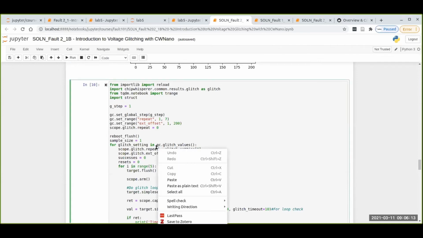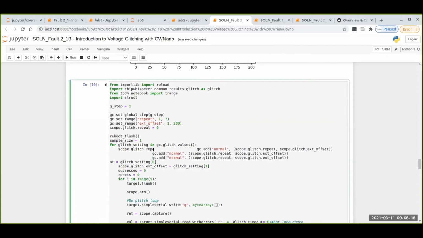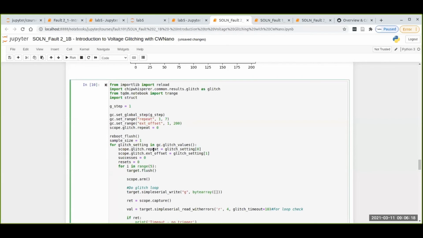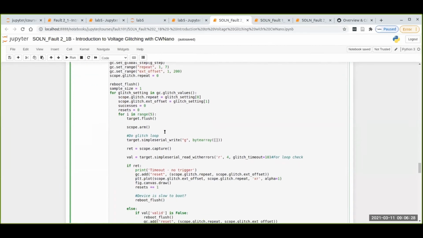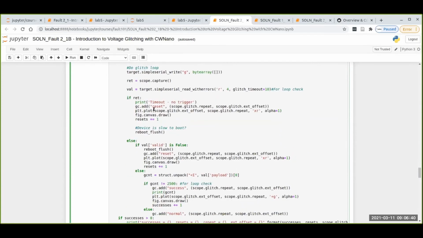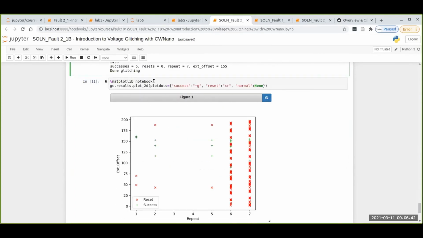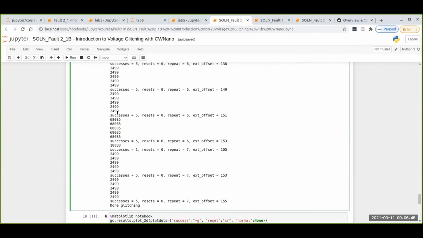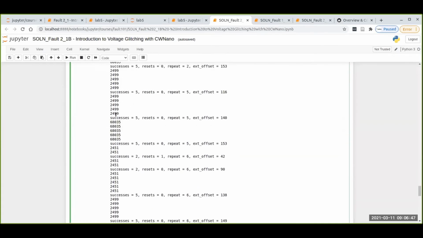What you might want to try is to print out what is being used. You could print out these variables. You can print out what is stored at glitch setting. That might give you some idea of what is actually happening. You can also read the output that's being presented at the bottom.